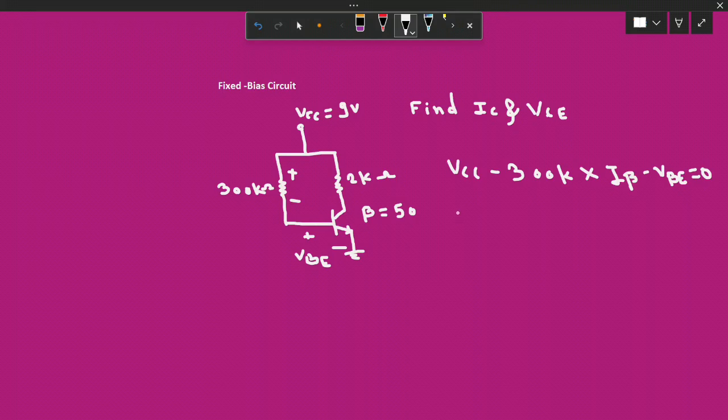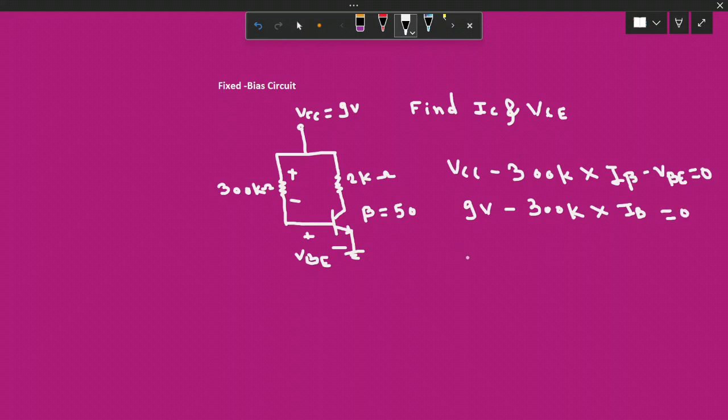So what we are getting, VCC is 9 volt minus 300 K into IB. We are going to ignore VBE, which is equal to 0.